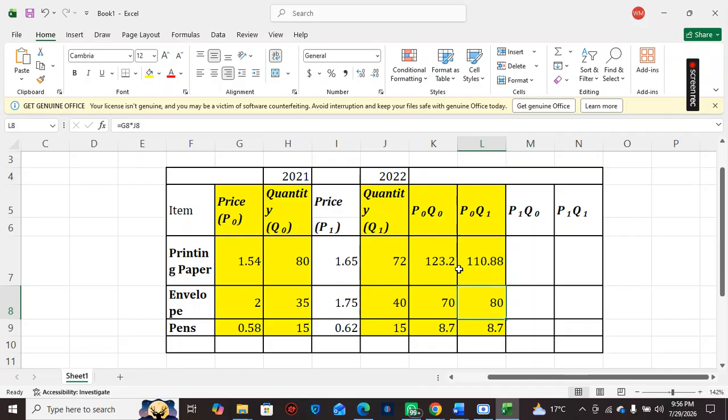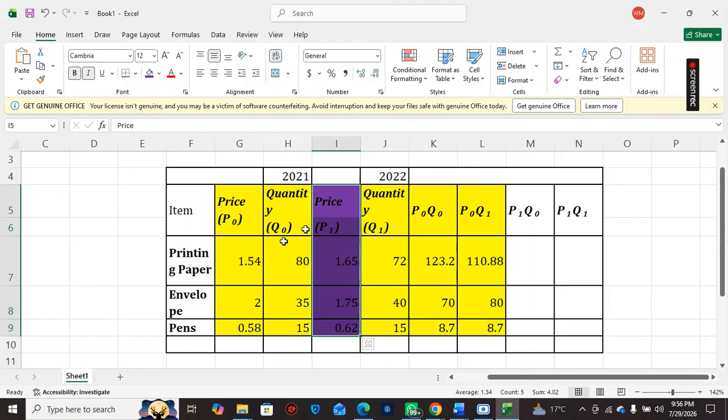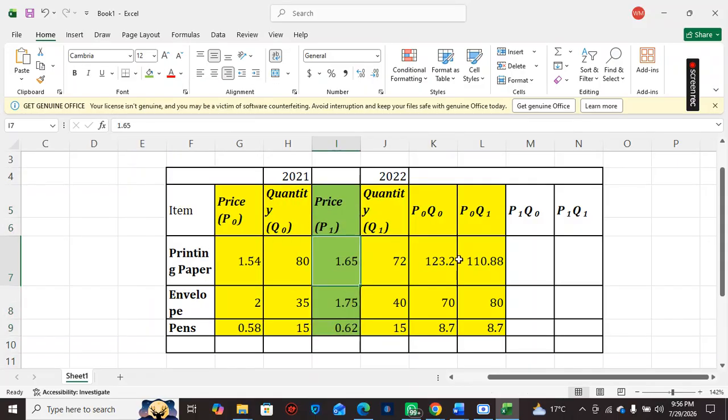So next, now we're going to use 2022's prices to multiply them with 2021 quantities and 2022 quantities. Yes, so 2022's prices. Have you seen this P1Q0? So we're multiplying 2022's prices with 2021 quantities.